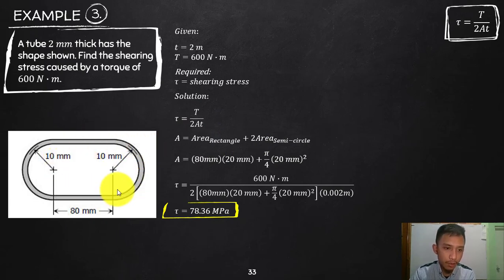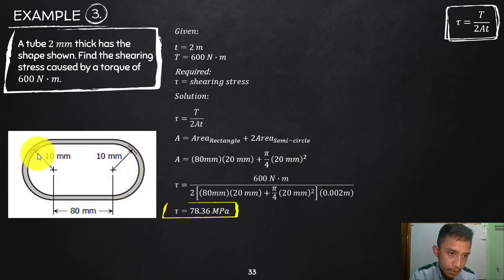Since these dimensions show a radius, this is actually a circular shape, half a circle. So if I cut it here and cut there, this is a semicircle.